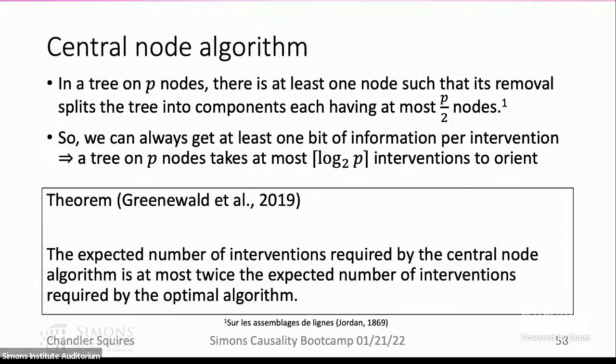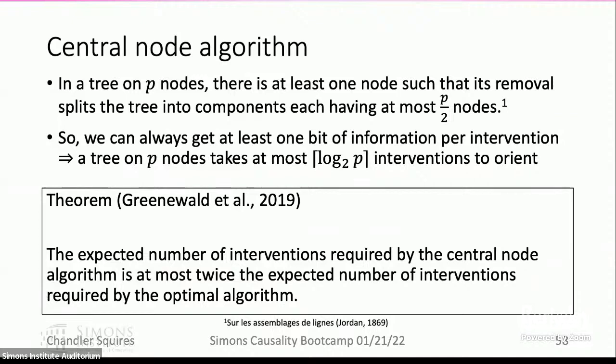Furthermore, you can show that the expected number of interventions required by this strategy is going to be at most twice the expected number required by any other algorithm. So this is showing that trees take at most logarithmic in P interventions to orient adaptively.